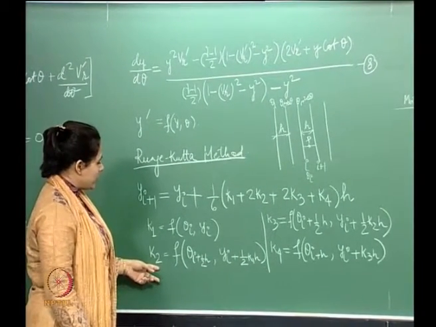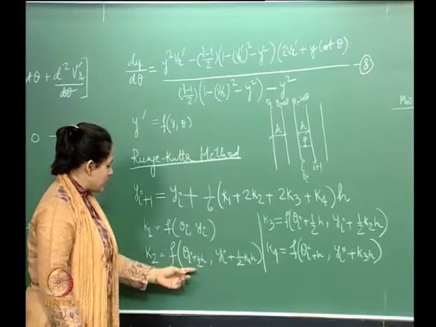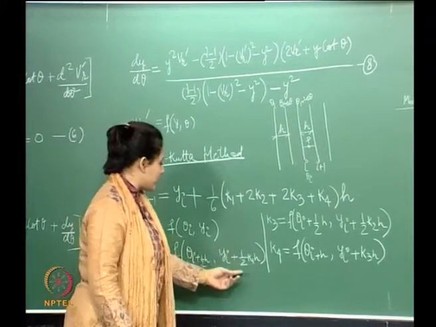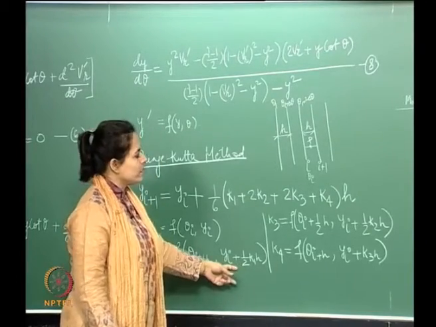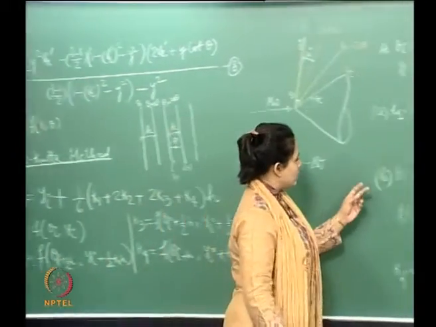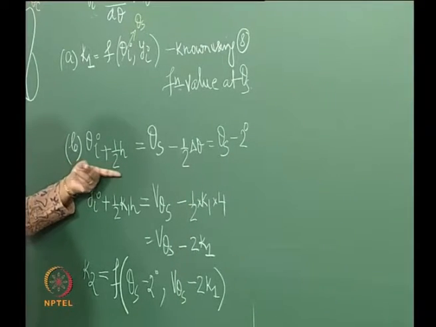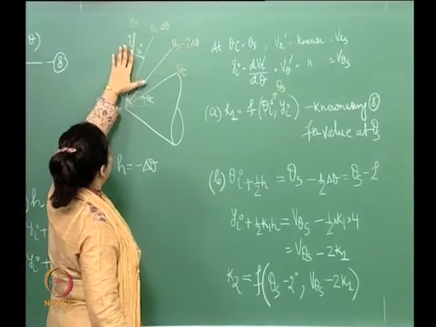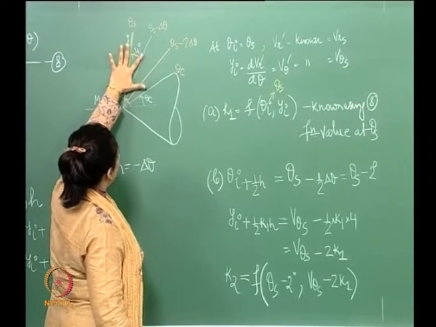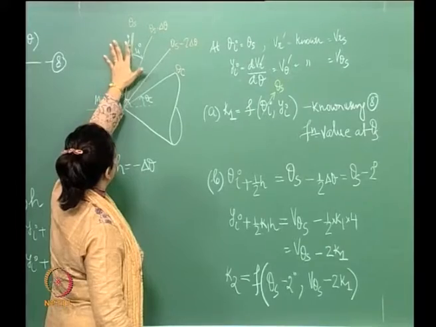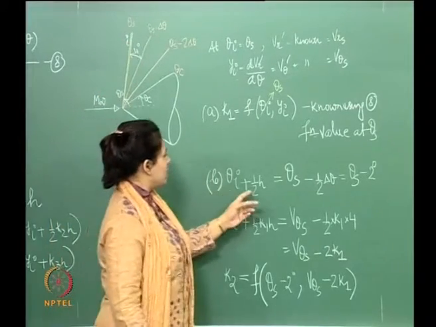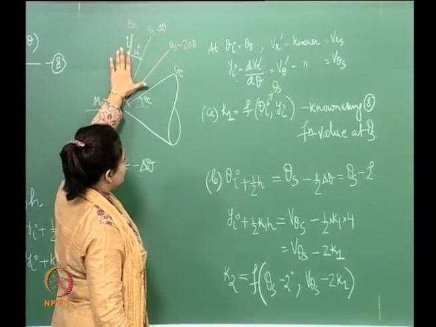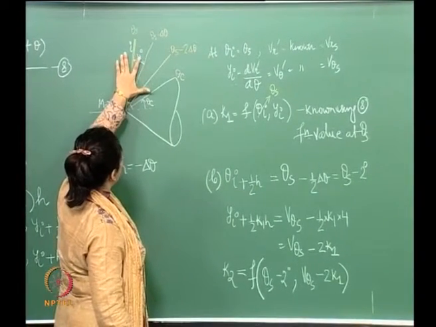For this, what we need to do is locate the theta, which is this, and also calculate the corresponding y, which is this, right. Now theta I plus half h in this particular case is theta I minus half of h, which is minus half of delta theta. So theta I is theta s minus half of delta theta.